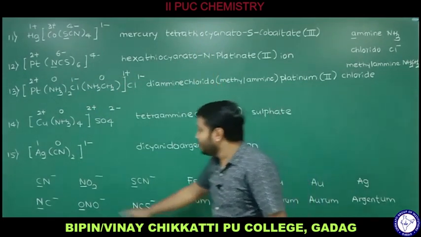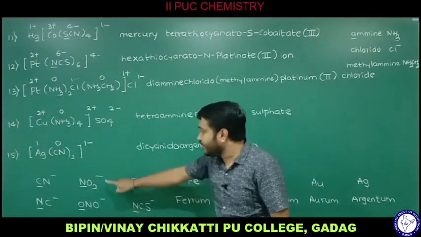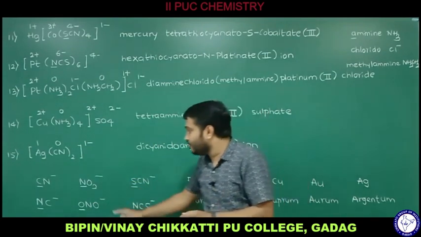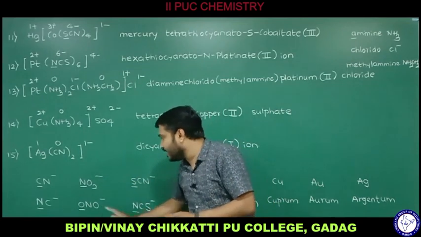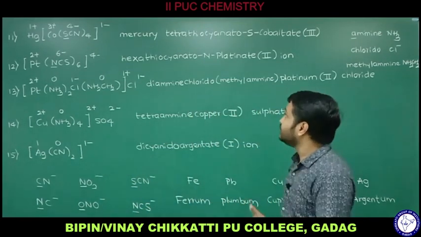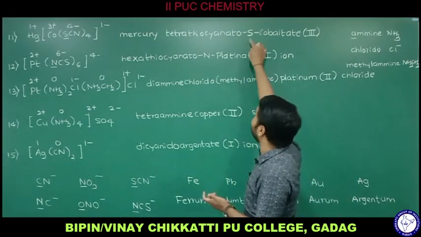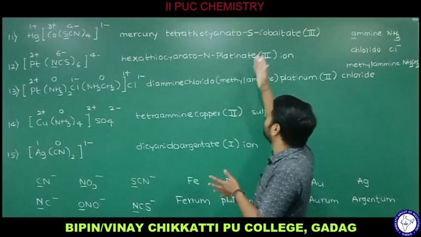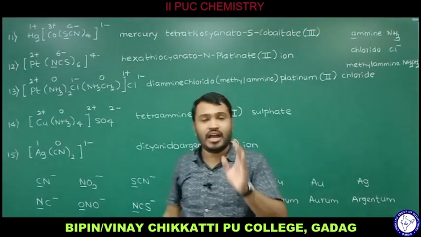And if you have NO2 minus and ONO minus, if you write nitro, and if you write nitrito, that is also right. And you can write it as nitrito N, nitrito O. The ligating atom can be written, but according to the latest IUPAC nomenclature, it is better to write the ligating atoms. So in NCERT we have such examples where the ligating atom has been mentioned, and you need to observe that.